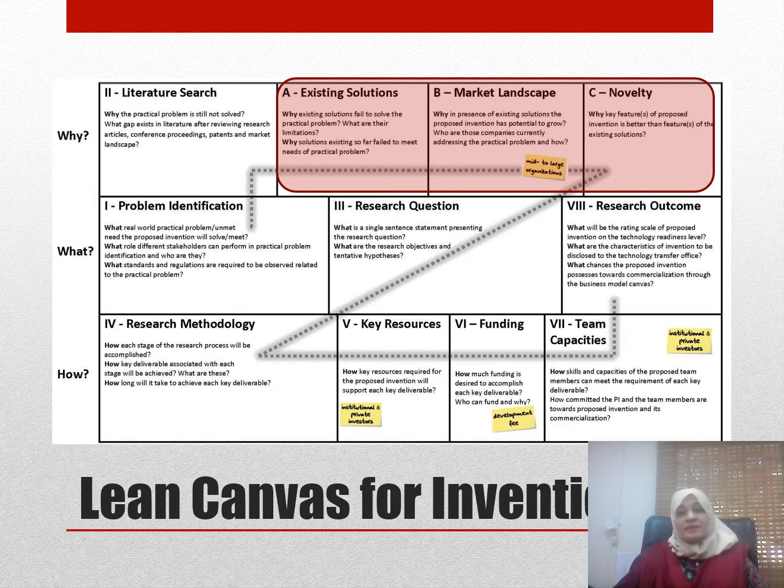Because problem identification and literature search have already been done, I will be touching upon the existing solutions and the novelty parameter. For the market landscape, again it is the same norm. It will ask you certain questions, offer you certain checklists, and ask you to work on certain hands-on activities so that your idea will get polished further. But for today's session, my emphasis would be on the existing solution component and the component of novelty.